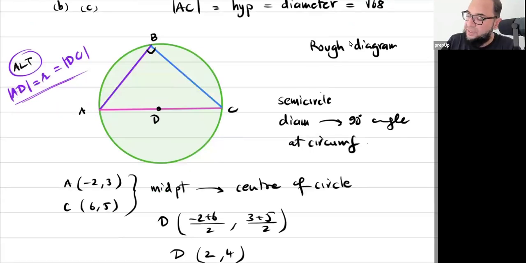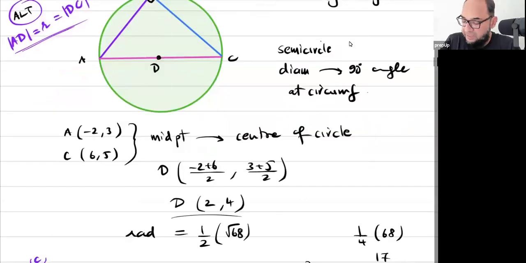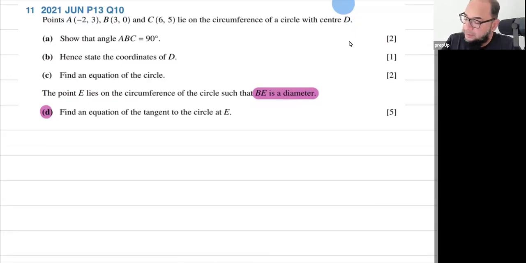So if BE is the diameter, that means it should be somewhere over here. It has to pass through the center, and that should be E. In other words, D is the midpoint. I think that's it. But it's asking for the equation of the tangent to the circle at E.